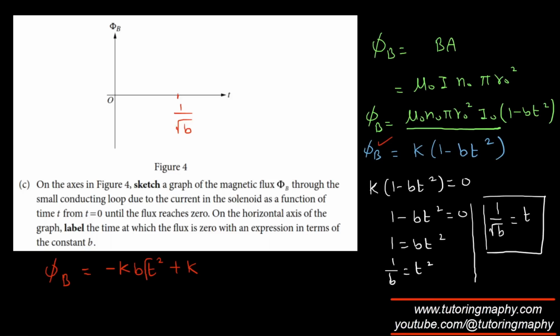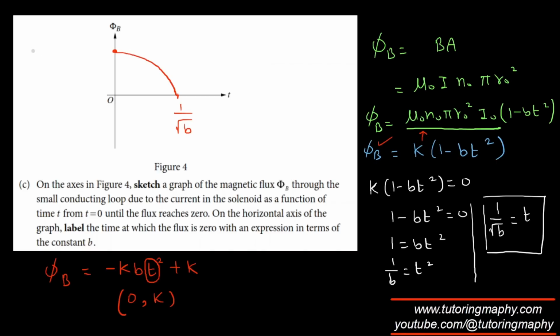So as we can see, t doesn't have anything inside, so the h is just 0, and the y coordinate of the vertex is just this value, which is k. K is obviously our assumed variable, which is this entire thing. So this is going to be the vertex 0 comma k, and it's going to open downwards and have an x-intercept of 1 over root b.